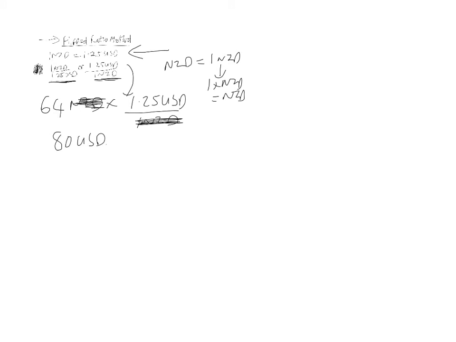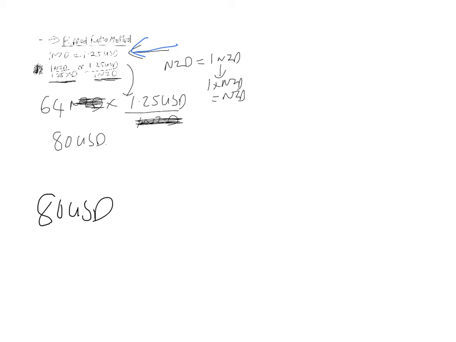Right, now look, if I say to you, look, I've got 80 US dollars, and at that given exchange rate, remember it's this one up here, I want you to convert that into New Zealand dollars. What are you going to do?